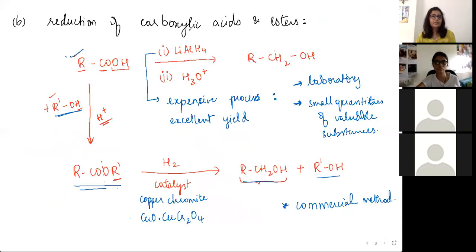If you're taking a carboxylic acid or ester, then 2 carbon atoms are being reduced to 1 carbon atom. So either use LiAlH4 and hydrolysis gives you an alcohol. But because this is a more expensive process, the commercial method of preparation is to convert it into an ester and do catalyzed hydrogenation of the ester. The catalyst used is copper chromite.